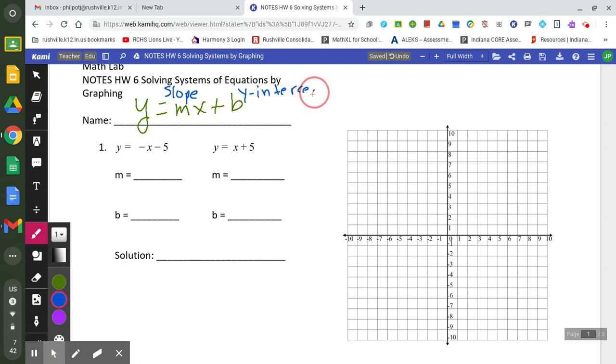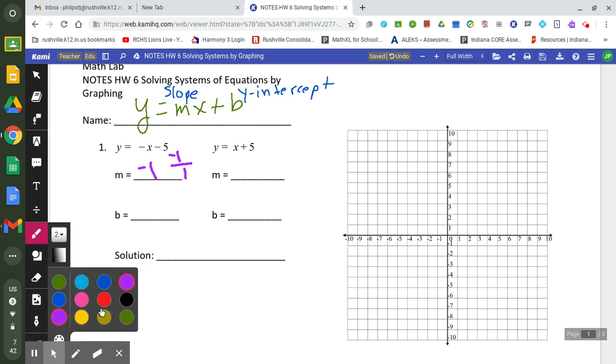So as we look at our first two equations, the slope of my first equation here is the number that's in front of the x, which is a -1. And since we're going to graph, we want that to be a fraction. So I'm going to put it as -1/1.